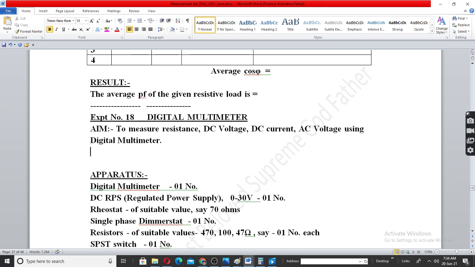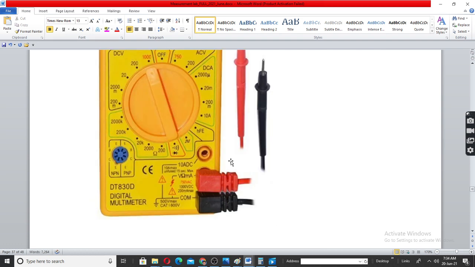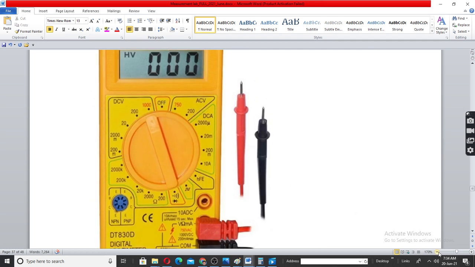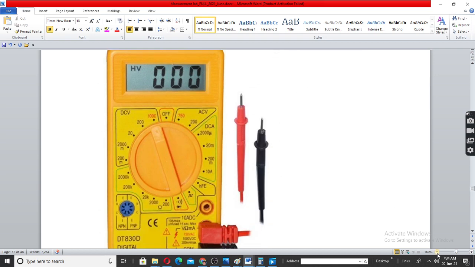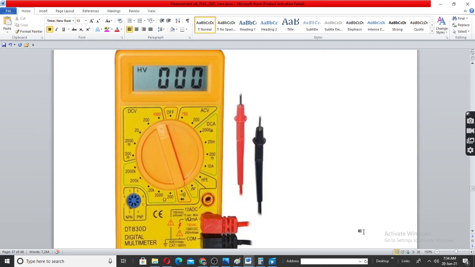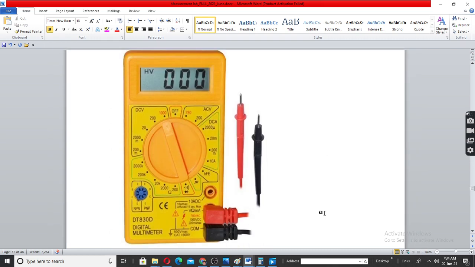If you see here, this is the display. This is called the range selector or range selector switch.